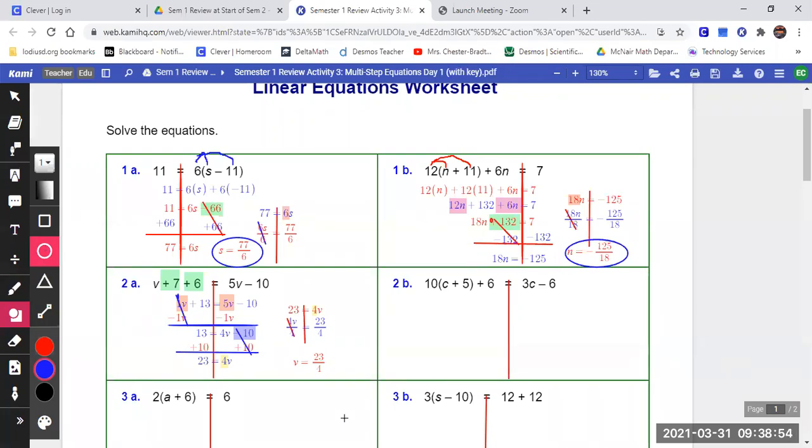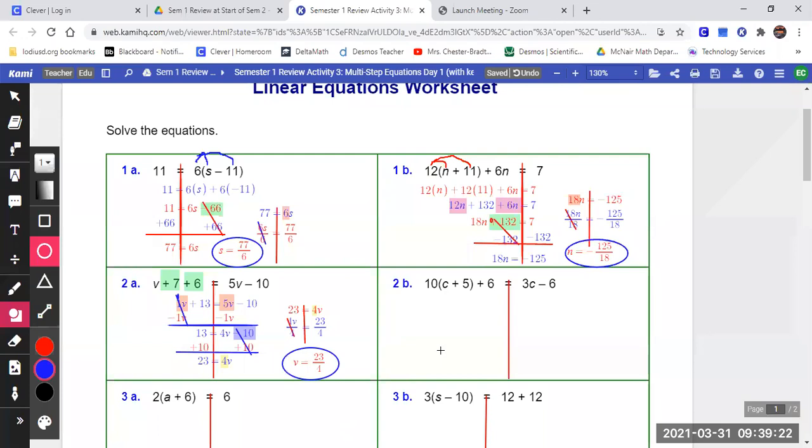Is that a valid answer? No. Because 22 and 4 can simplify each other. So you have to make sure your fraction is in simplest form. Because 22 and 4 both divide by 2. Okay? So you got to watch out. There will be some you need to simplify. Simplest form.